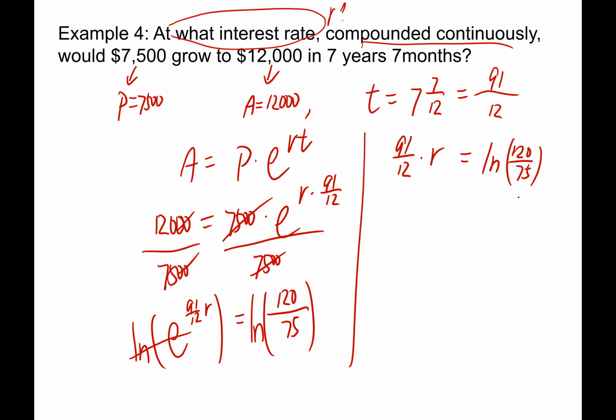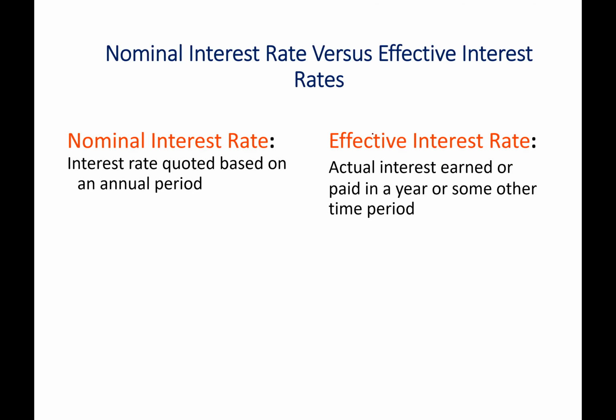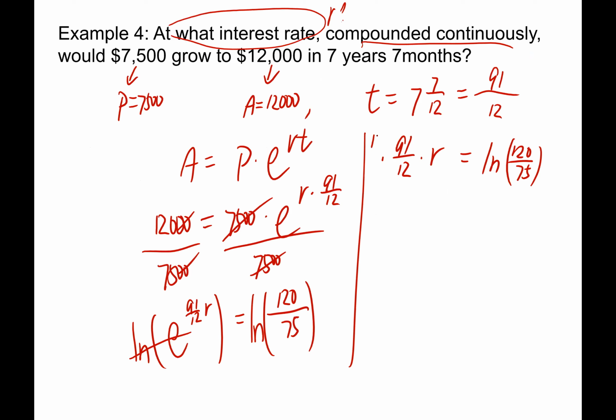And you multiply this by the reciprocal, so multiply by 12 over 91 on both sides of the equation. Okay, and this reciprocal offsets, right, becomes 1. So r is by itself. So all we have to do is multiply these two. Get the result, we get an interest rate.